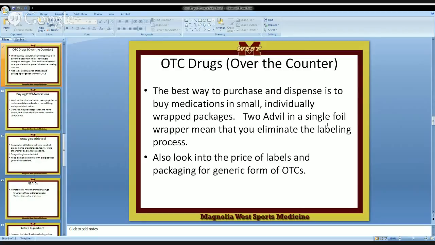By law, the chemical makeup of this ibuprofen has to be identical to anything else that calls itself ibuprofen. So why would I spend $5 more for the same amount of stuff for it to say Advil? I don't think I need to. I'll just buy the ibuprofen, right? That's the same stuff. So look and see how much more you'd pay compared to generics.